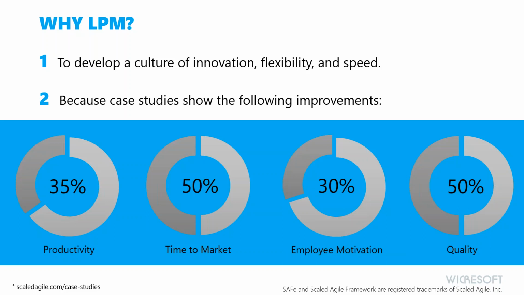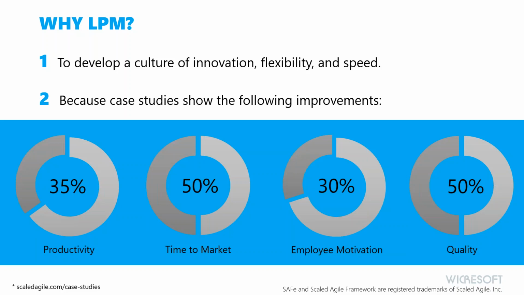And you can see some of the numbers are very impressive there. By the way, time to market, I think, is a really important one in this context, because yeah, we're talking about speed and being able to move things through your organization, develop products, run projects, do all of these things faster.